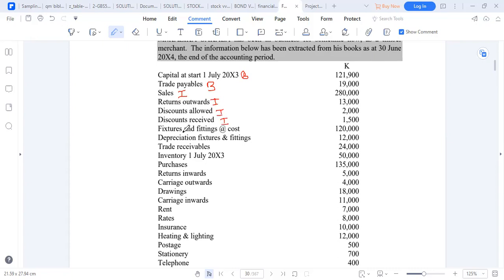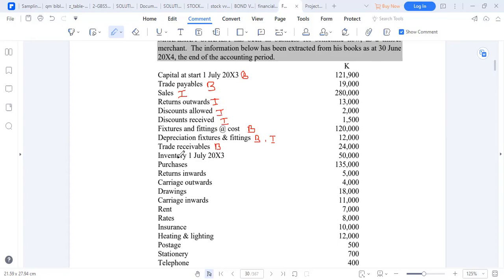Fittings and fixtures at cost, balance sheet. Depreciation of fittings and fixtures, balance sheet and the income statement. Both. Trade receivables, these are debtors, so this is the balance sheet.